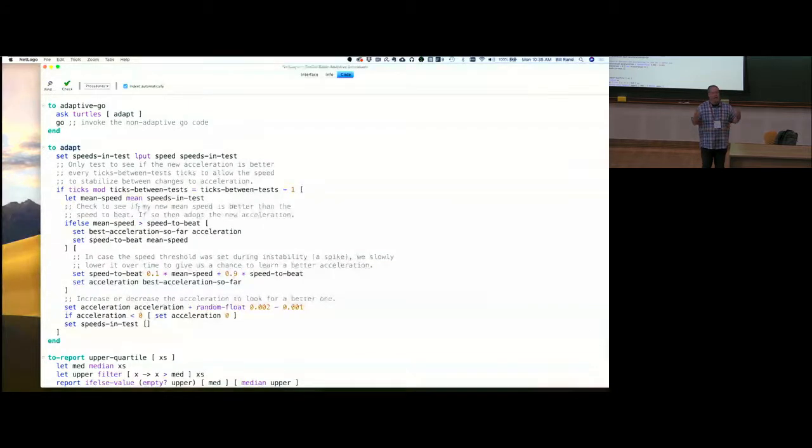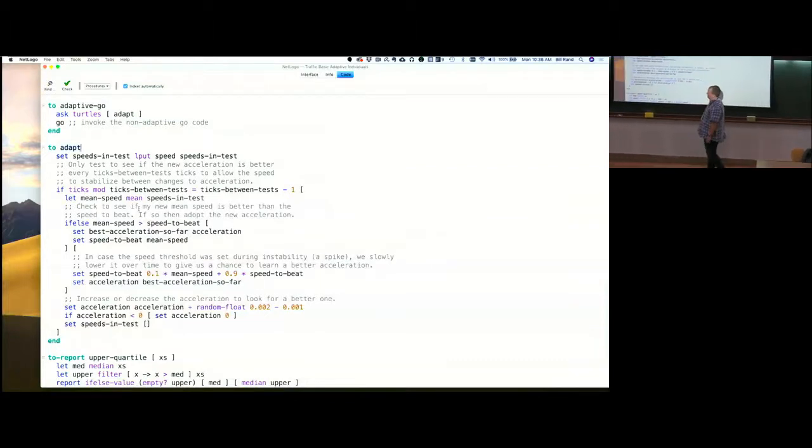If that is the case, then we need to start penalizing what we thought was the speed that we got from that acceleration. But we don't want to penalize it all the way, because we might have just run through a bad part of town, and that was the reason why our speed was bad that time. So we just weight it by 1/10 and add it in. And we set our acceleration to the best acceleration so far.